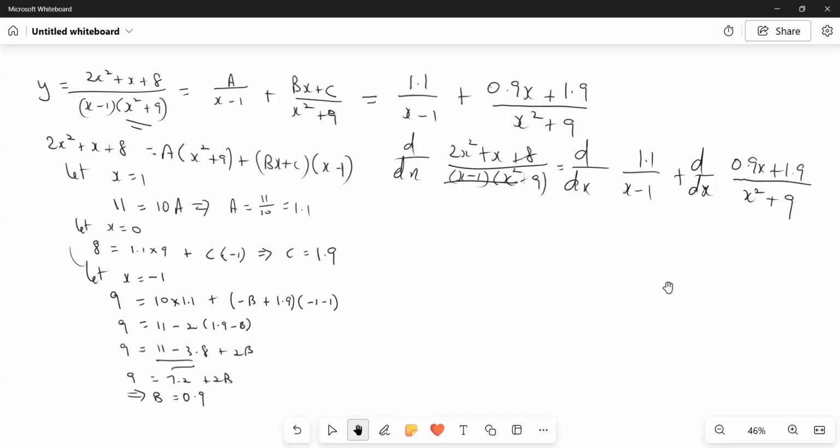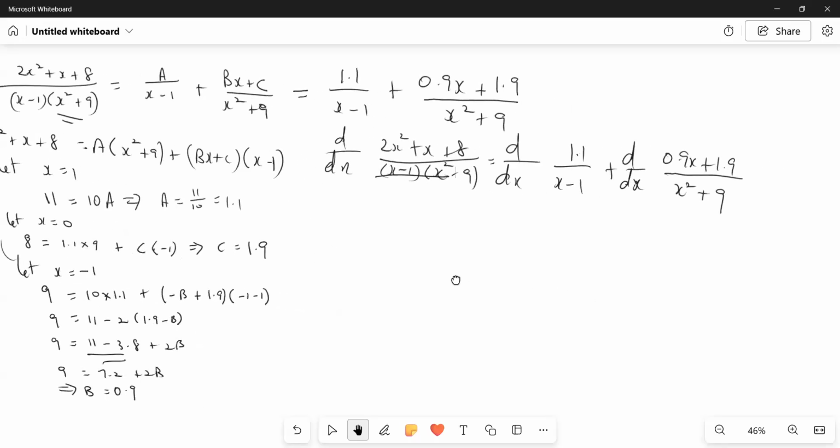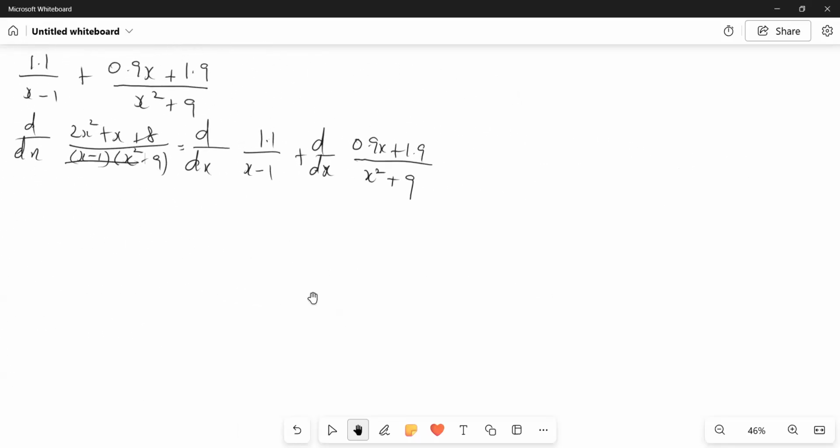Good. So this is hard work no matter how we turn it or twist it, right? So here, we have to make use of all this space. This becomes what? 1.1 bracket x minus 1 to the minus 1.